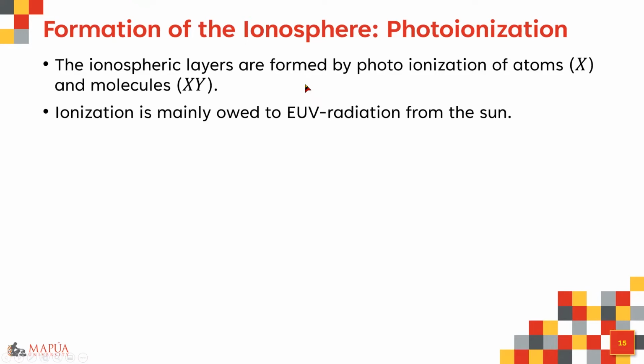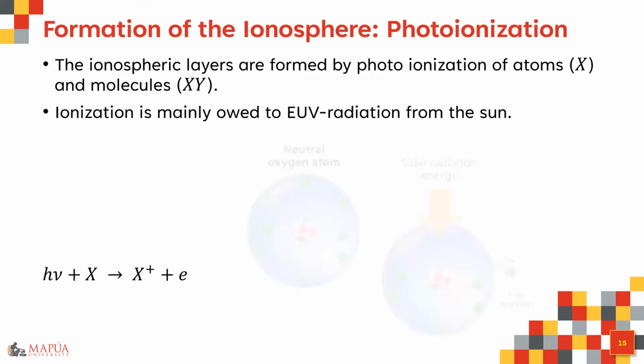That's why, for example, when you have solar flares, which, as discussed before, are sudden brightenings of the sun's extreme UV and X-ray, the ions formed through photoionization would generally increase.